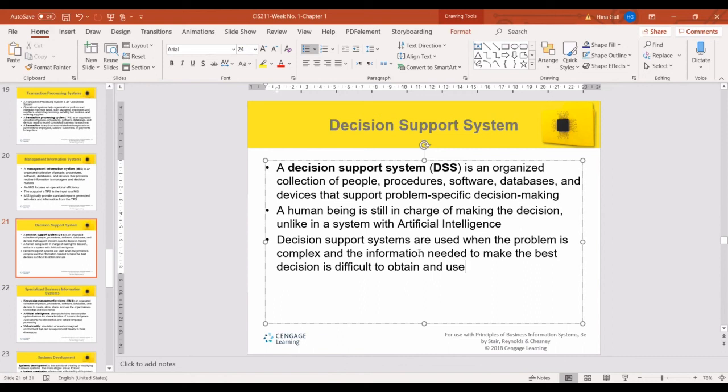How many teachers are working in the university? Around thousands. How many admin staff? How many computers in the university? You cannot manage all these things. You need to take some decisions sometimes, and the data is very big and complex.